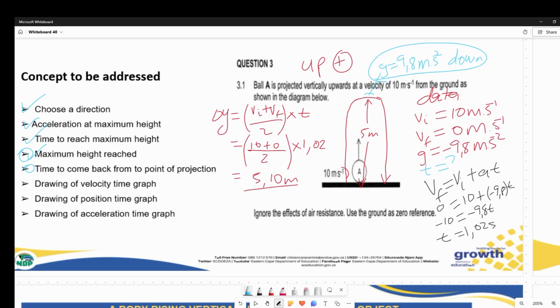Then now we'll go to the time to come back from the point of projection. Let's look at this one carefully.